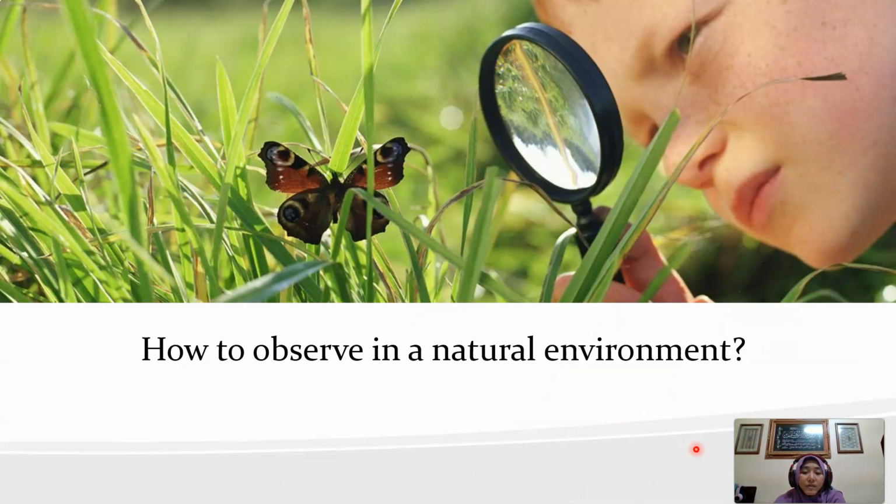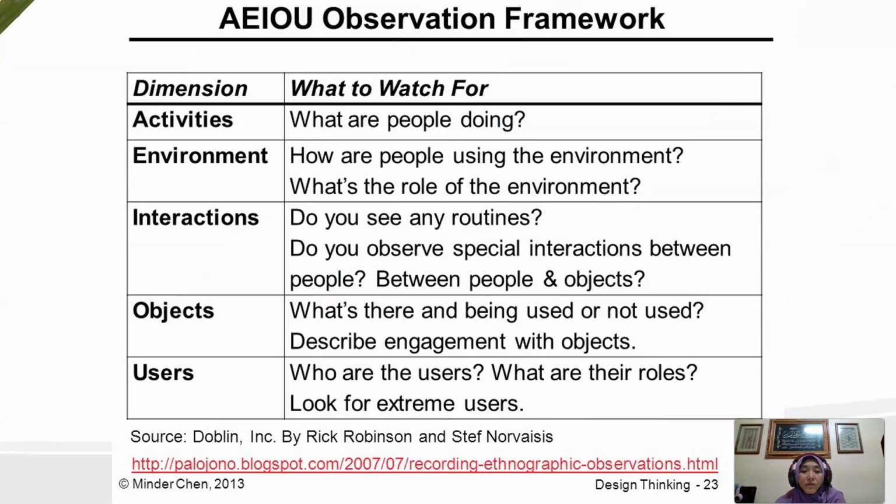And then how to observe in a natural environment. We have lots of tools, for example, you can use participant observation or non-participant observation. In our class, we will use the AEIOU observation framework. I believe that you have used that for your assignment 1. Activities is related to what people are doing.